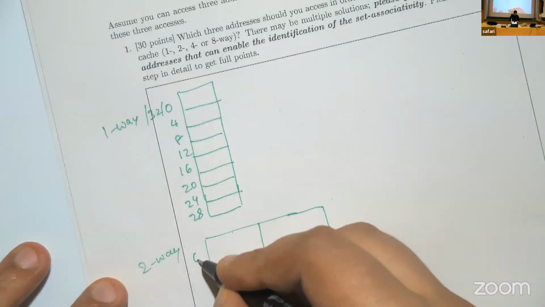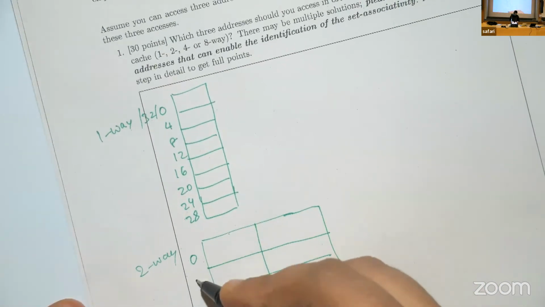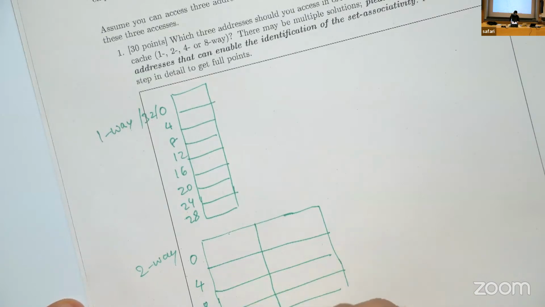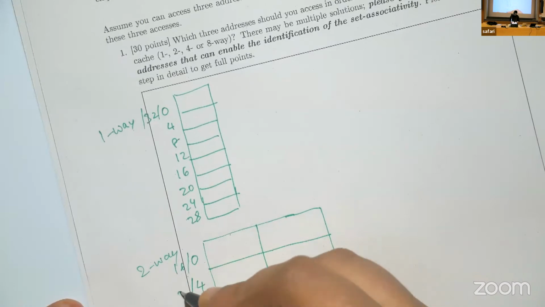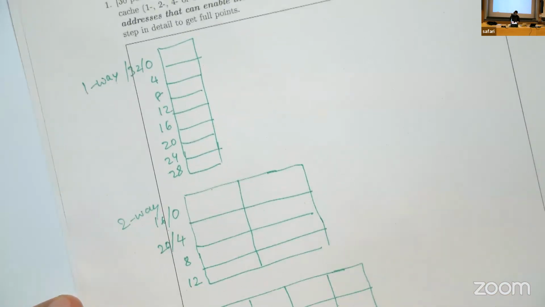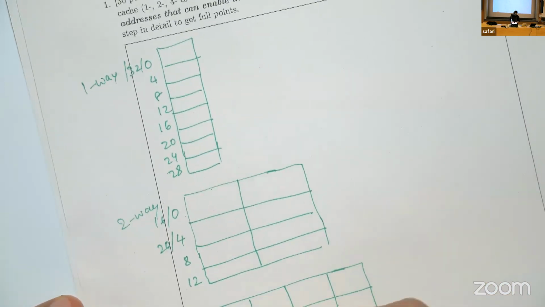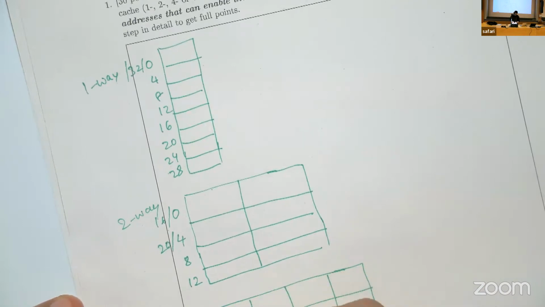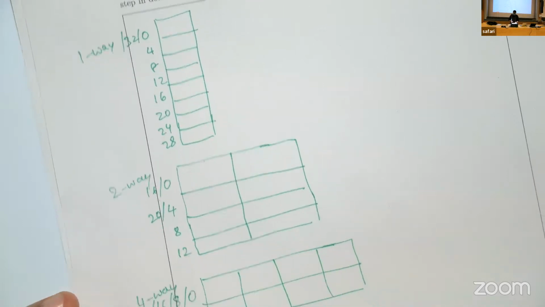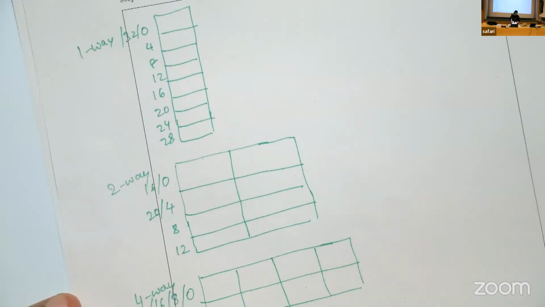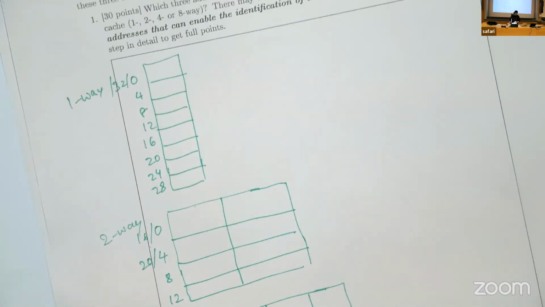In the 2-way cache you can store 0, 4, 8, 12, and then 16, 20, and so on. Here you will have 4, 0, and 4, and then 8, 16, 24, 32, like that. And the other byte addresses can be stored in the second set. And here you can store all the addresses that you can access.